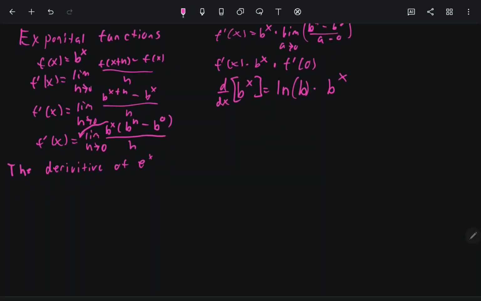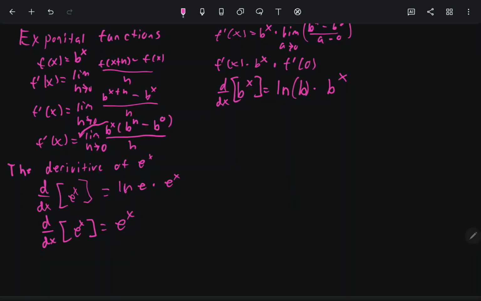So the derivative of e to the x is actually a lot easier to do than this, because if I want the derivative of e to the x, and e to the x is an exponential, well, what you'll see is that we get the natural logarithm of the base, which is e, times by e to the x. Well, what does that evaluate to? Surprisingly enough, e to the x.